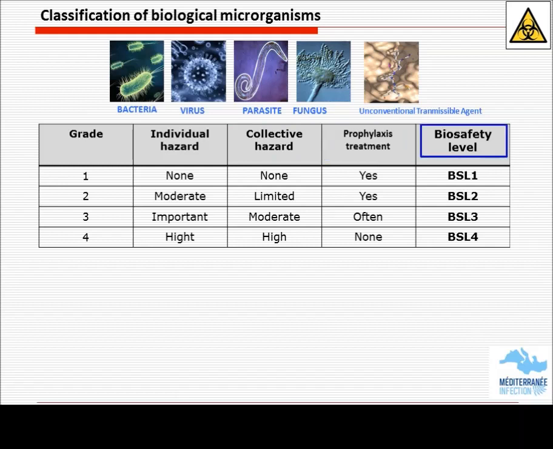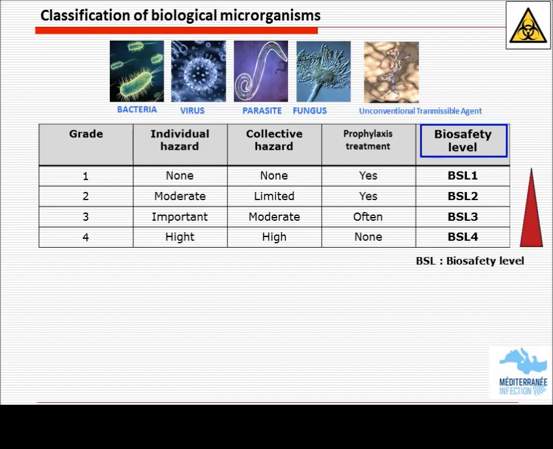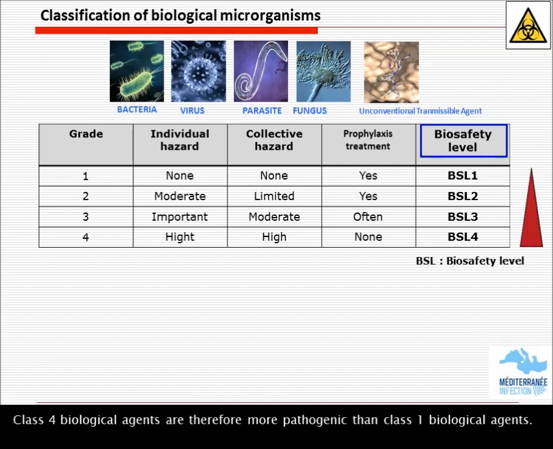So for the different categories, we will work in the laboratory of the corresponding biosafety level, so Class 2 in Biosafety Level 2, Class 3 in Biosafety Level 3. Class 4 biological agents are therefore more pathogenic than Class 1 biological agents.